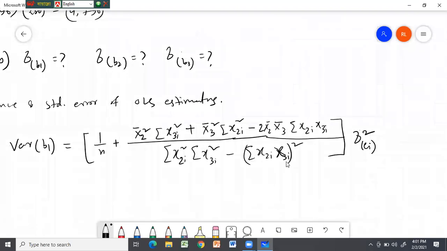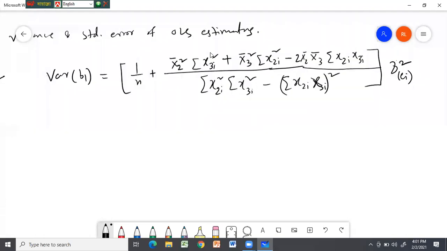The first portion of the variance of B1, the 1 by n, x2 bar, x3 bar and the sums of x2 and x3, is everything known to you, but you do not know the value of this error variance. How can you calculate the error variance? As it is calculated from the sample data, we put a cap sign on it.